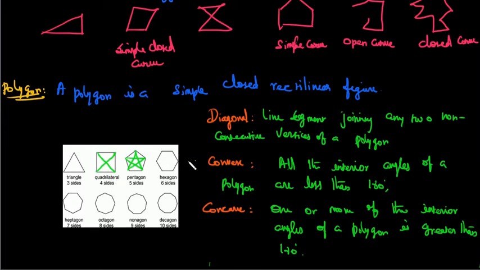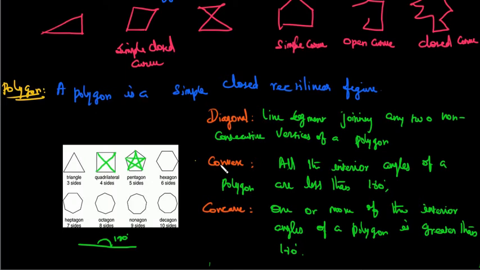But what is a convex polygon? All the interior angles of a polygon are less than 180 degrees. You know the straight line has which angle? 180 degrees. So a straight line has a 180 degree angle.